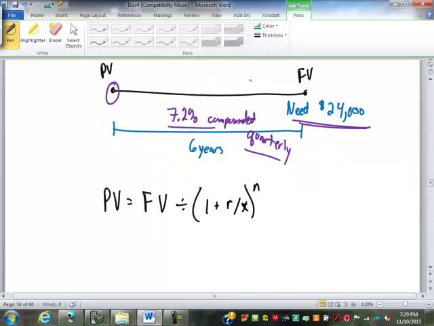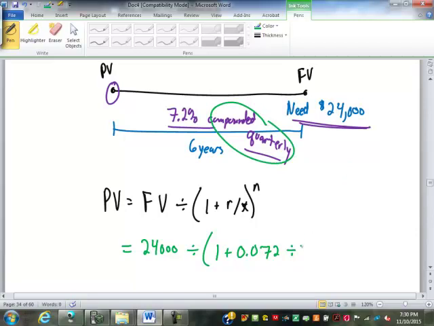So here, our future value is the $24,000 divided by 1 plus our rate, 7.2%, so 0.072, divided by 4 because it's compounded quarterly, to the power of 6 years quarterly. 6 times 4 is 24 periods, so the power of 24.